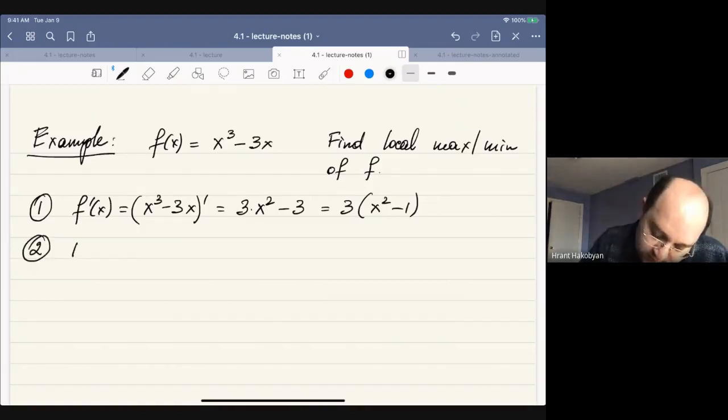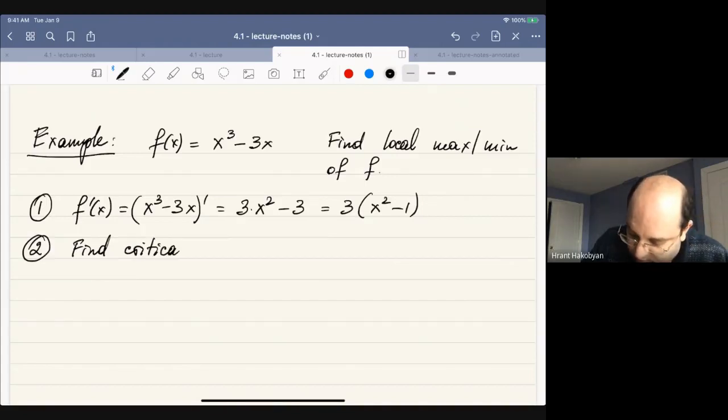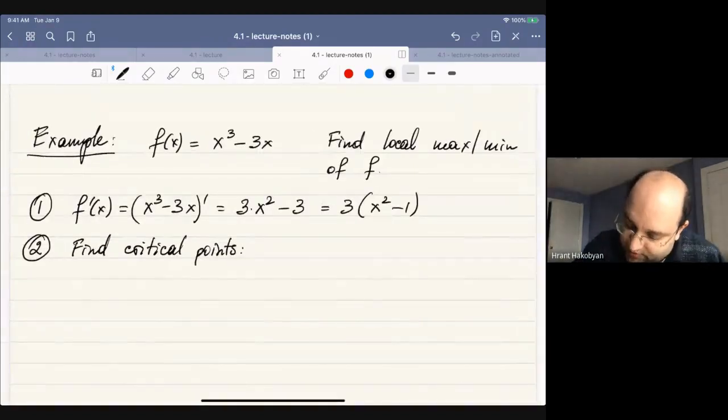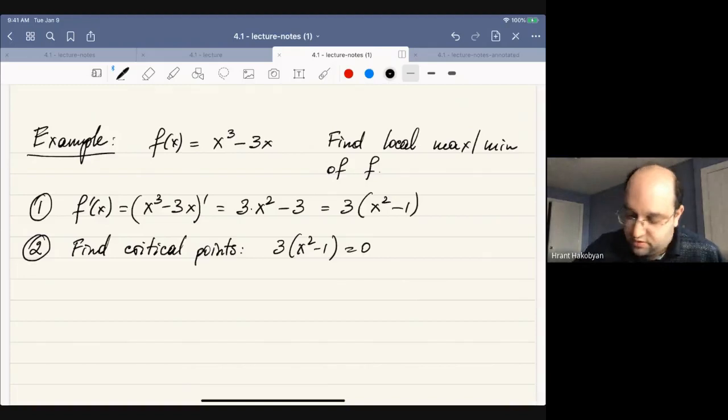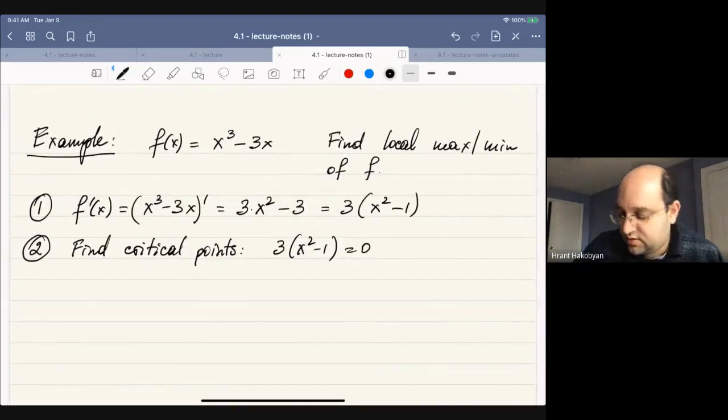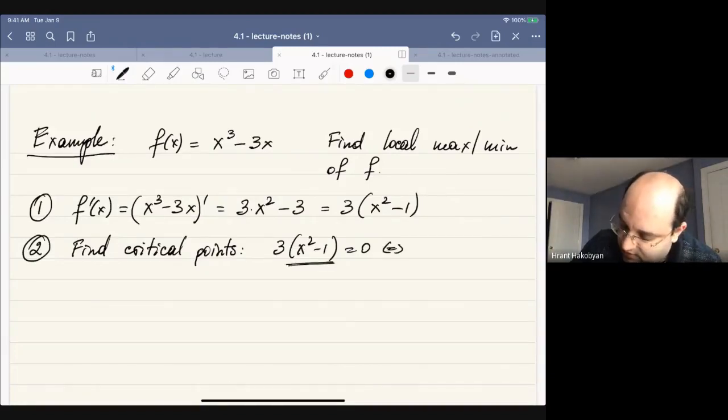Step 2, find critical points. What does that mean? That means set the derivative equal to 0. So I'm going to do 3 times x squared minus 1 equals 0. That's the same thing as saying that x squared minus 1 is equal to 0.